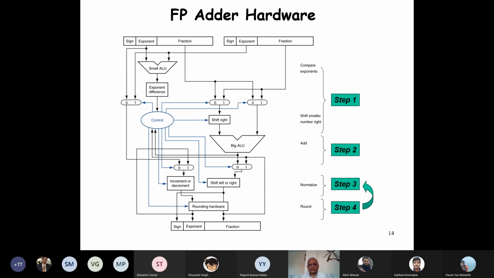Hardware description languages are not part of this course. Maybe you have done them in some other courses, or maybe you will be doing them in other courses. VHDL and Verilog have simplified hardware development using a programming language.